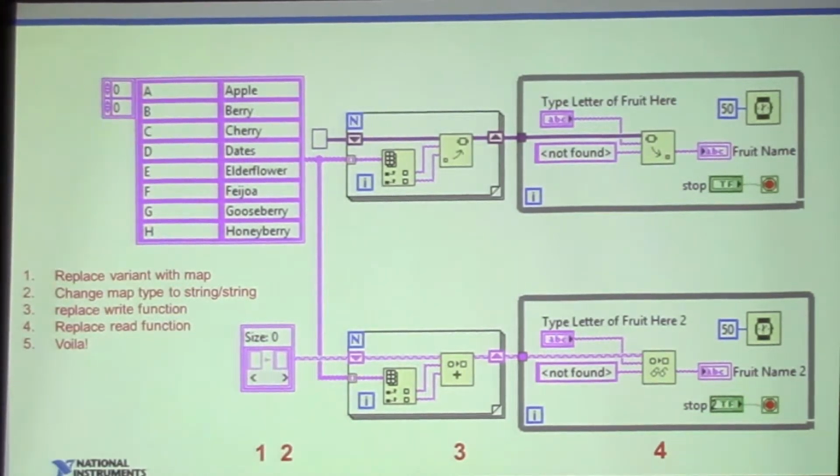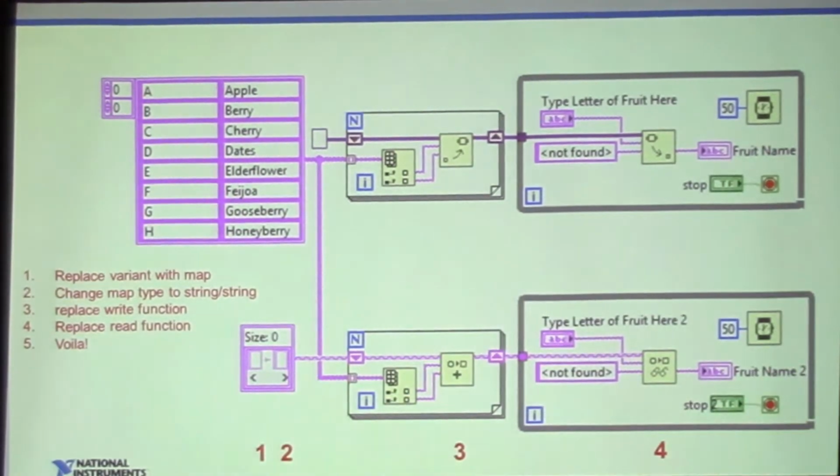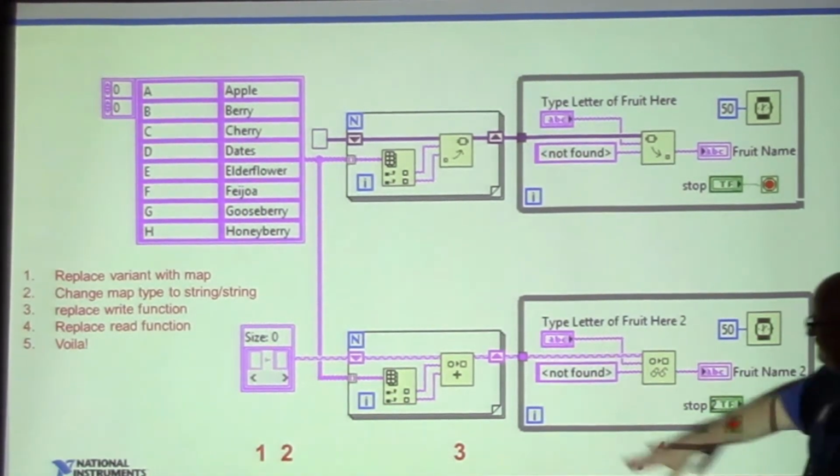So how do we convert that to a map, right? The thing we need to do is change the variant into a map constant, and by default it comes as string and I32, I think. So we just right click and replace with string in here, right? And it's basically the same code.